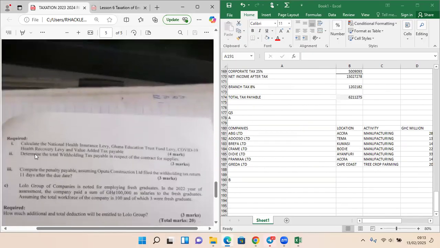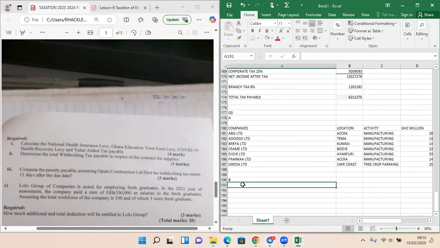So they are telling us to calculate the national health insurance levy, GETFund, COVID-19 health levy, and then value added tax. Before we can calculate the GETFund and those kinds of things, because they have been included, we have to first do the VAT. So let's do determination of VAT.